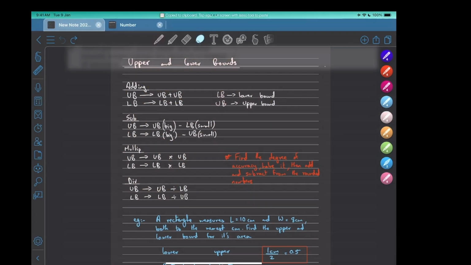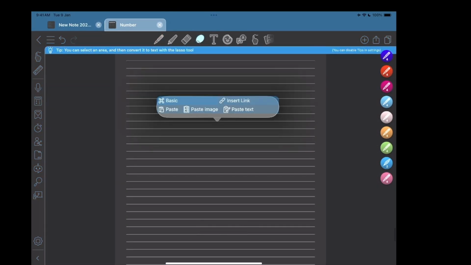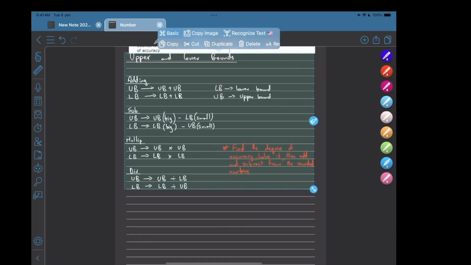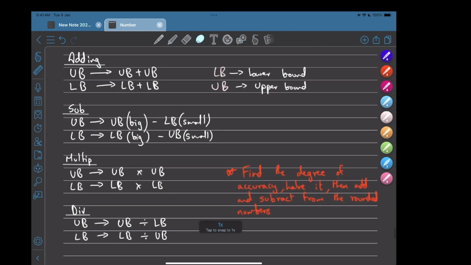Okay, so this has a formula. All of these formulas are mandatory for you to learn. If you do not learn them, you are going to face difficulty in your paper. I would highly recommend you all learn this formula, because it's not very difficult.